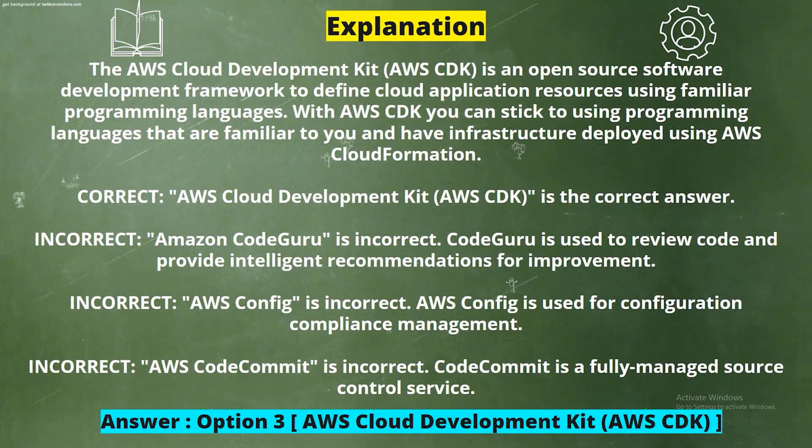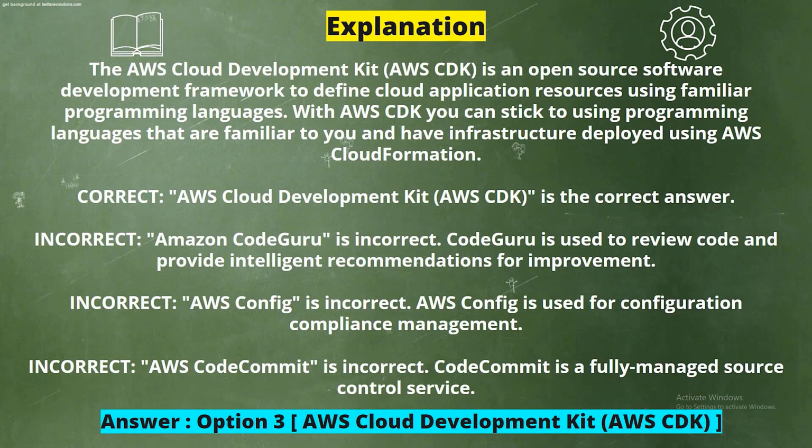Explanation. The AWS Cloud Development Kit, AWS CDK, is an open-source software development framework to define cloud application resources using familiar programming languages. With AWS CDK you can stick to using programming languages that are familiar to you and have infrastructure deployed using AWS CloudFormation. Correct, AWS Cloud Development Kit, AWS CDK, is the correct answer.